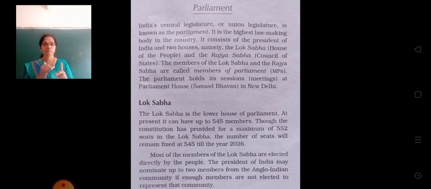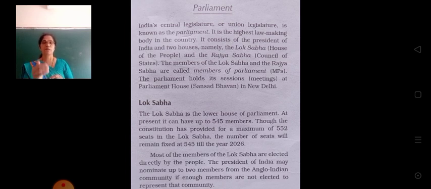The Lok Sabha has a term of 5 years, but it may be dissolved by the president.